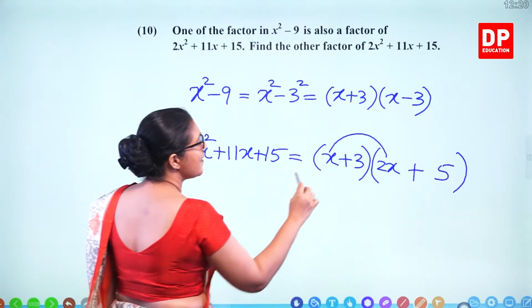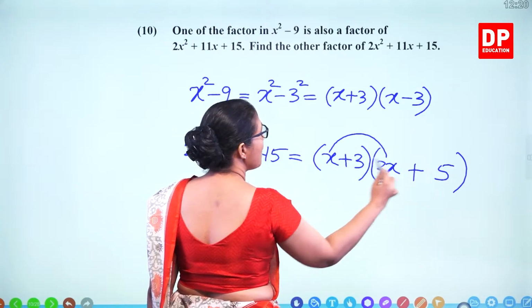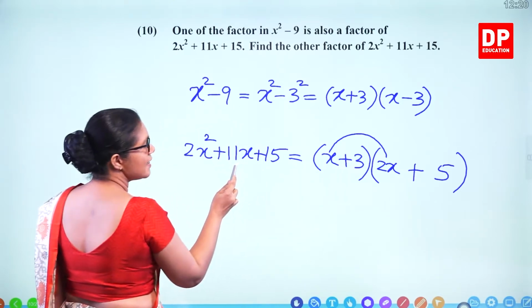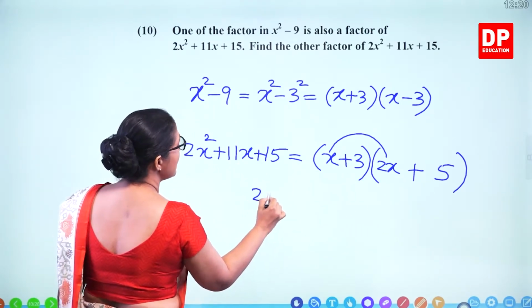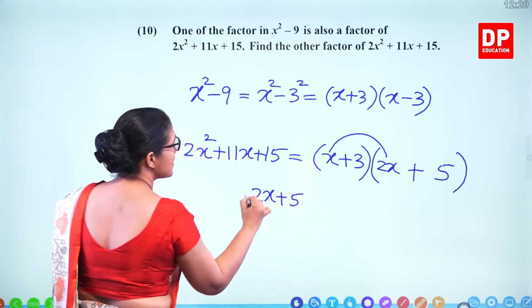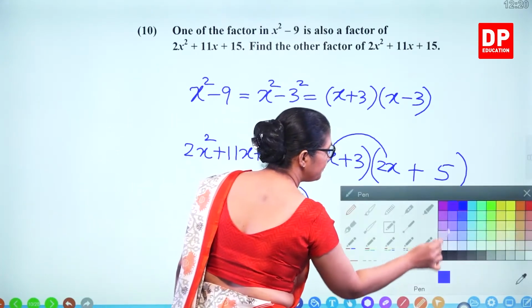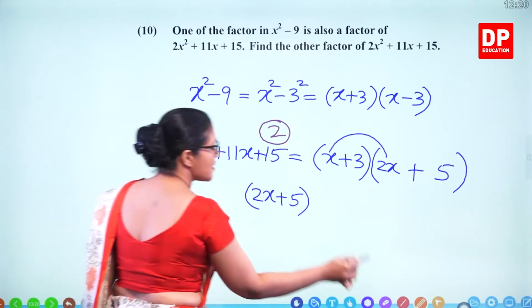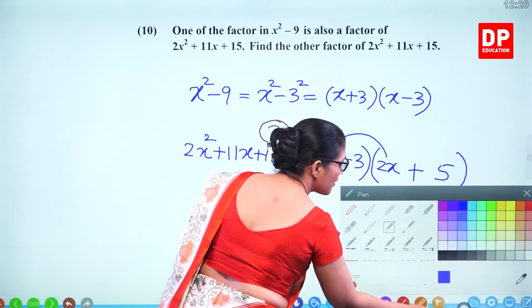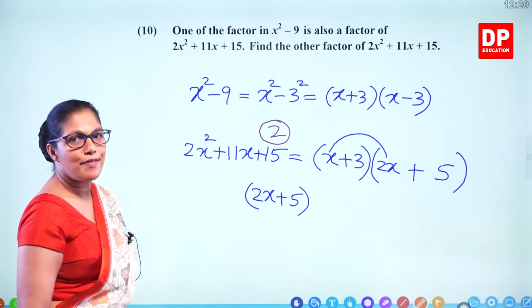Now see whether it's correct. x into 5, 5x, and 6x, you get 11x. And 5 times 3, 15. So what's the other factor? 2x plus 5. So 2 marks. First identify the common factor for both, and then find the other factor.